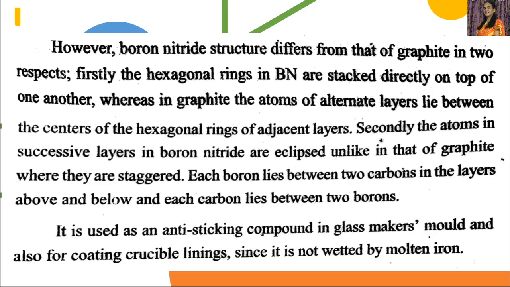It is used as an anti-sticking compound by glass makers and also for coating crucible linings since it is not wetted by molten iron. These are the uses of boron nitride.